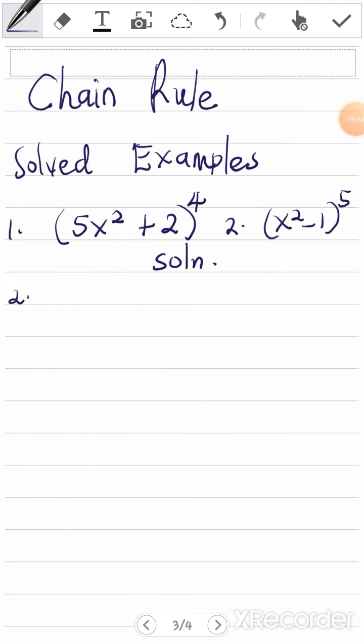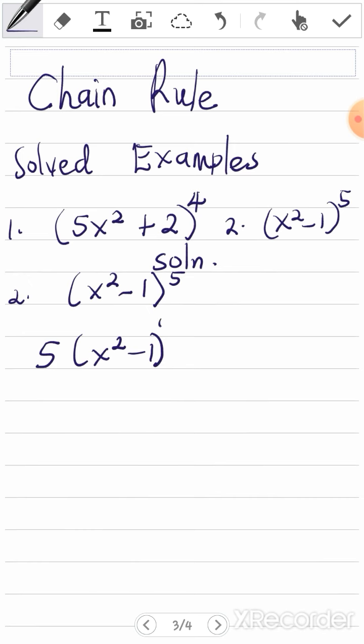With the same method, we're going to get x squared minus 1 to the power 5. You multiply the exponent by the whole thing, so 5 multiplying x squared minus 1, then you subtract 1 from the exponent, 5 minus 1.